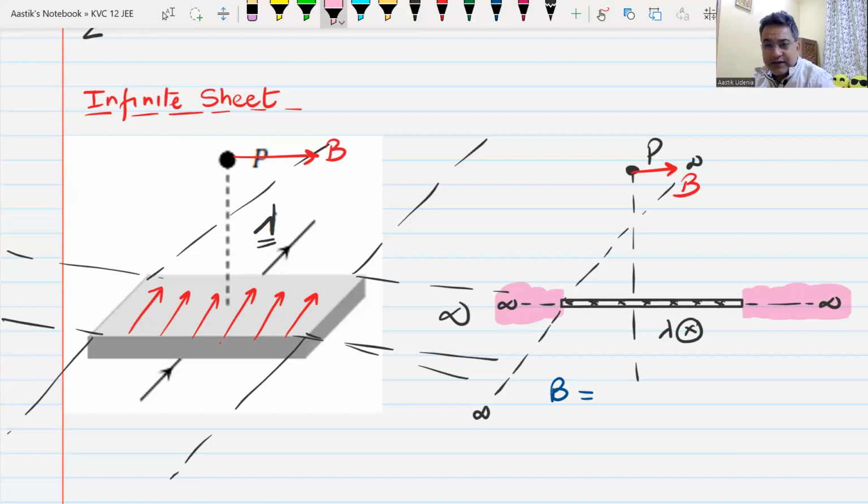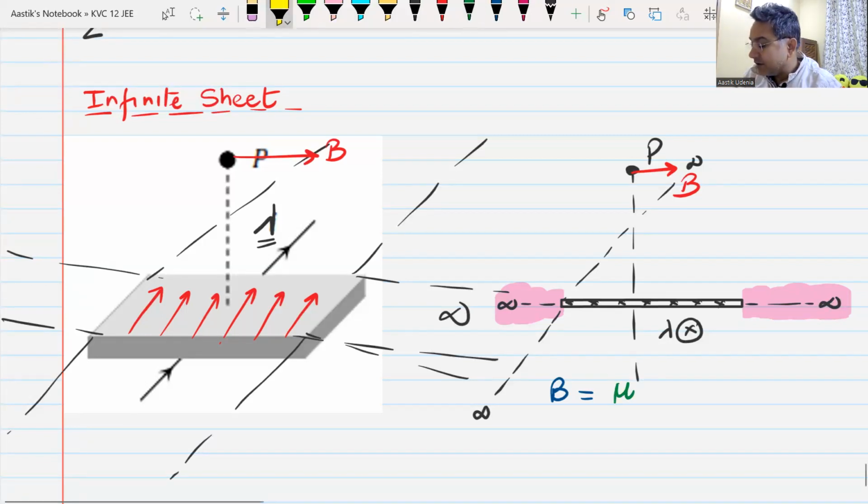What is the value of phi? No one knows it. The value of phi is pi by 2.